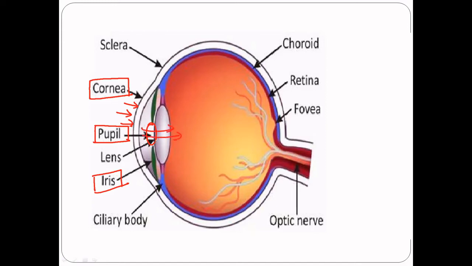So light is entering inside the eye through this pupil, right?